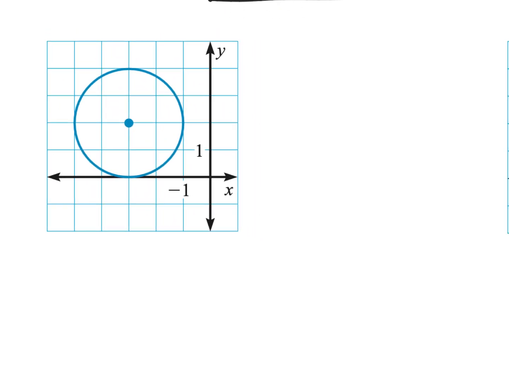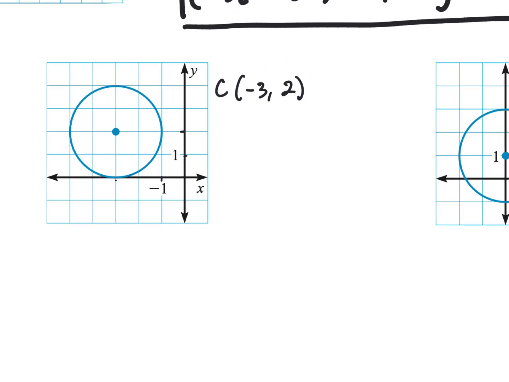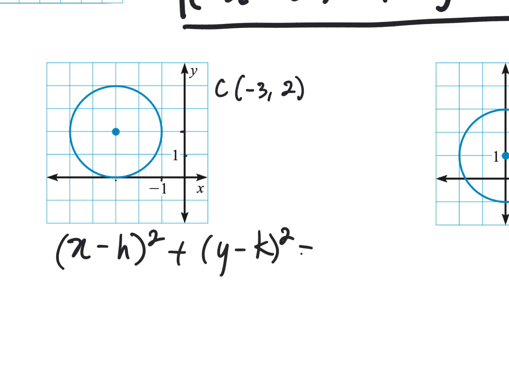Okay, so let's look at this circle in here. What do you think is the center? The center is actually located at 1, 2, 3, so that's going to be -3, and going up 1 and 2, that's going to give you 2. Now, let's write the equation: (x - h) squared plus (y - k) squared is equal to r squared. Let's count the radius. From the center, it's only 1 and 2, so only 2 units.